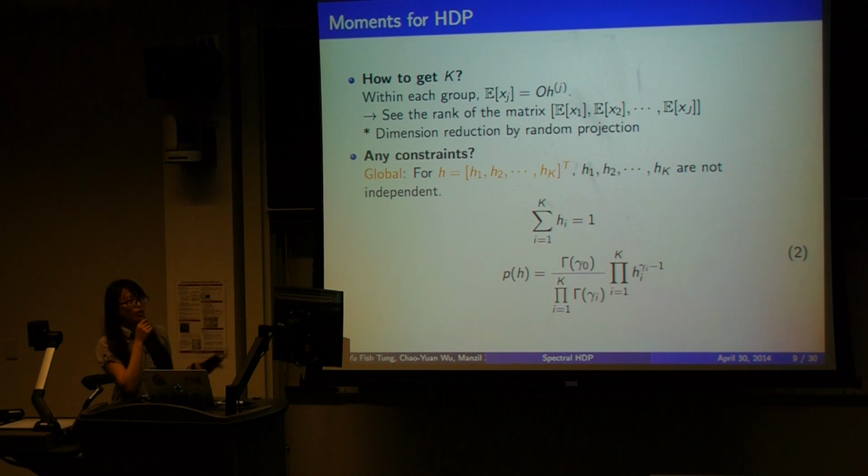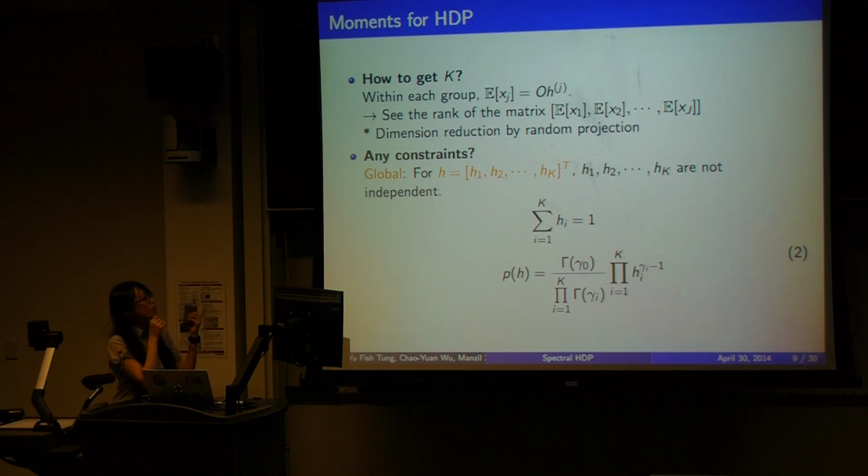For each document, we can calculate its mean, and this mean is spanned by the space of O. So we can just check this matrix, consisting of the mean of every document, and see what the rank of this matrix is.